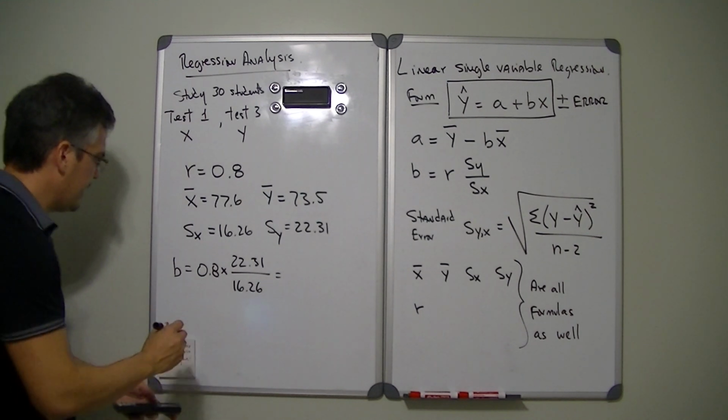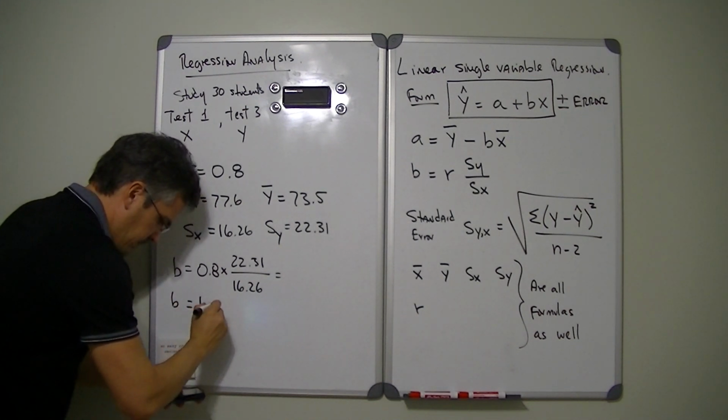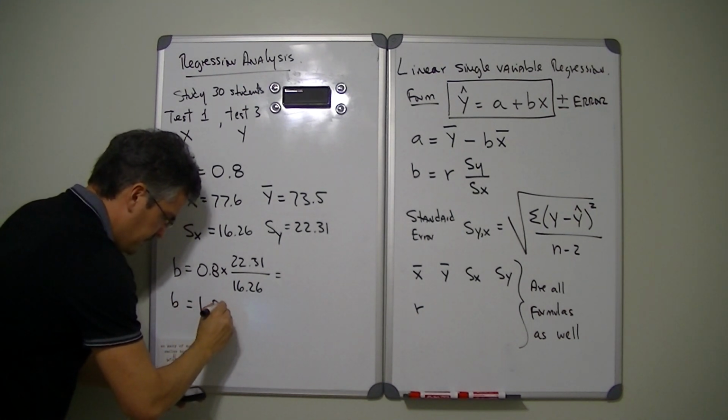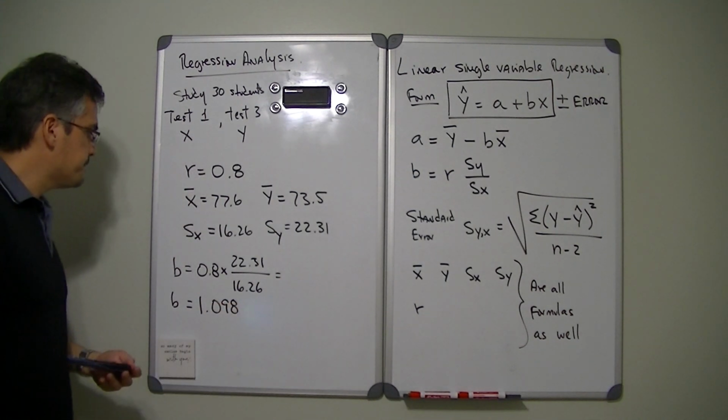Alright, and then I get b equals 1.098. Alright.